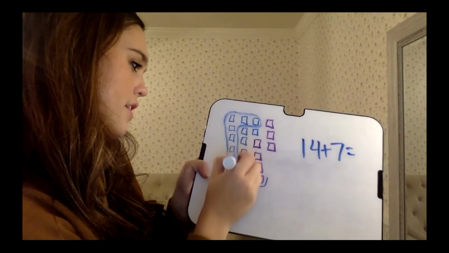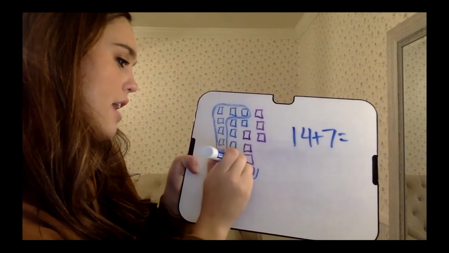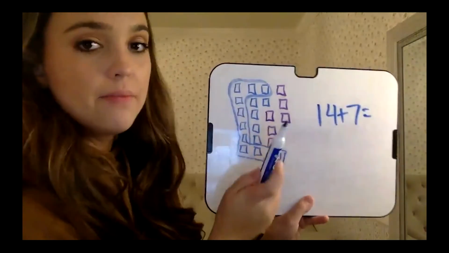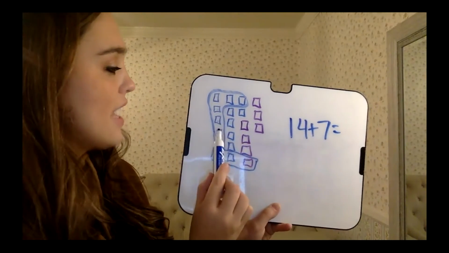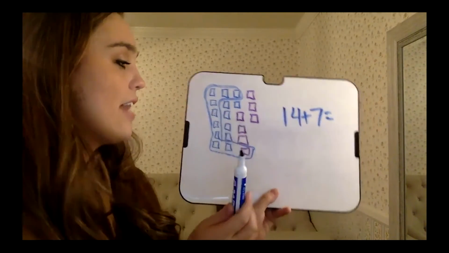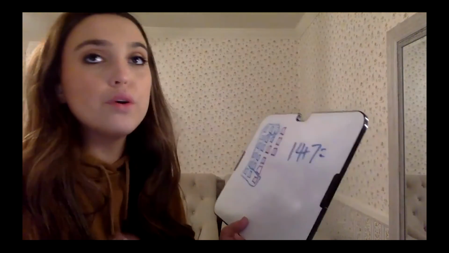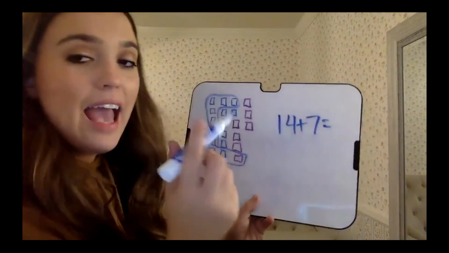All right, so that is my first group of 10. And let's count inside of here so we know that we have a group of 10. Ready? 1, 2, 3, 4, 5, 6, 7, 8, 9, 10. Great. And you guys can use whatever method to circle or box it however you want to.